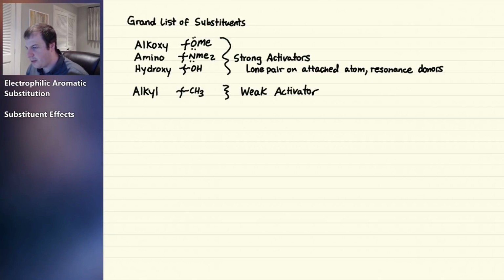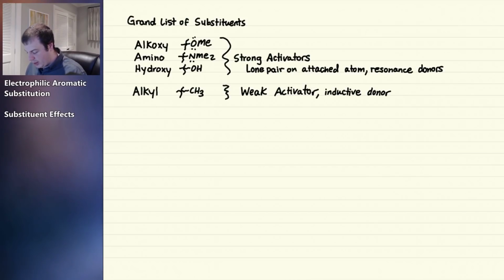It could also be ethyl or phenyl or propyl, right? Any sort of carbon-containing group we're going to classify as a weak activator, and that's because it's an inductive donor. So there's no resonance donation, but it is electron releasing. So we do consider it a weak activator, but not as strong as the strong activators.